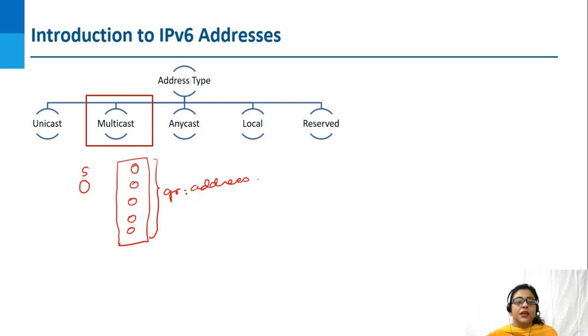Basically, multicast addressing is defined by the group address, and the source can send to the group address, and all the devices that are connected to the group address will get the message. Let's say D1, D2, D3, D4 and D5. So all these devices forming the group will get the message from the source. So this is known as multicast addressing.